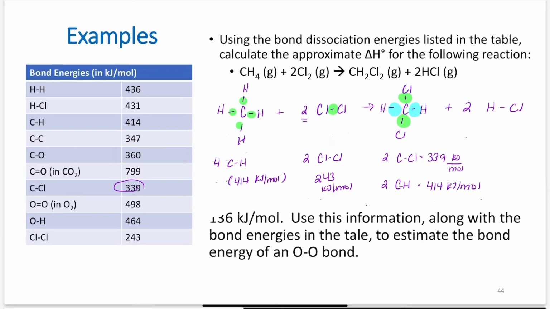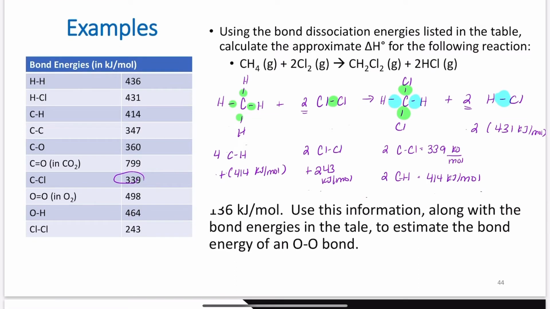And again, 2 HCl, 2 times 431 kilojoules per mole, 2 because of the 2 in front. Next thing you have to do, you're almost done by the way, is remember that bond breaking is always positive. Bond formation is always negative.